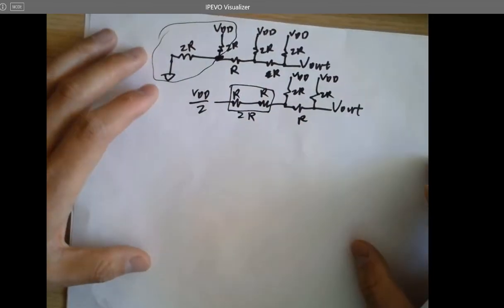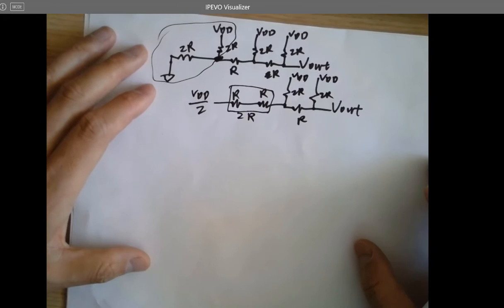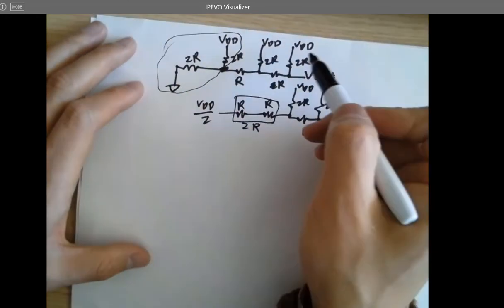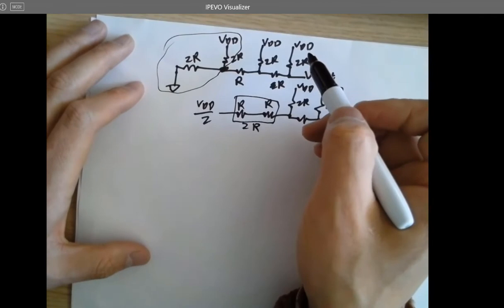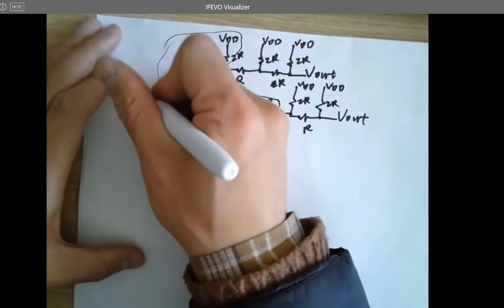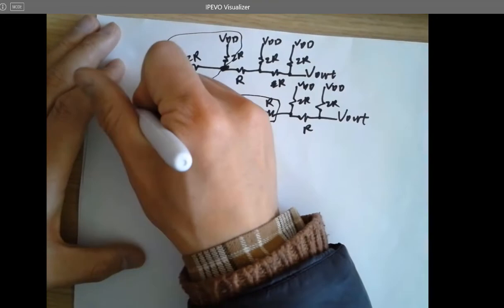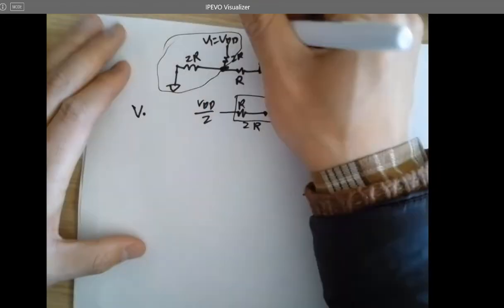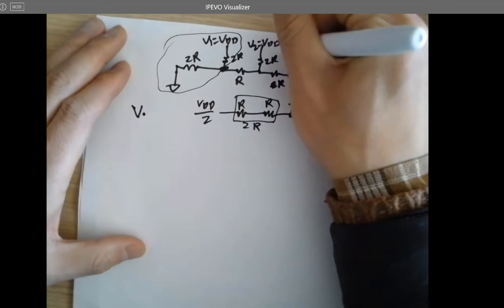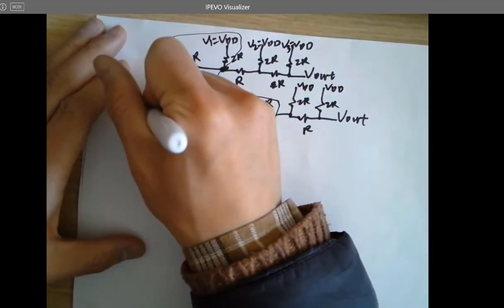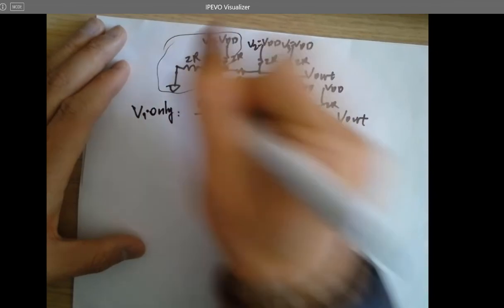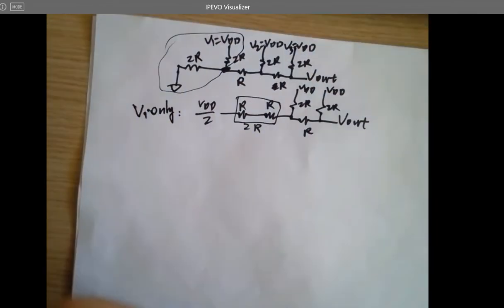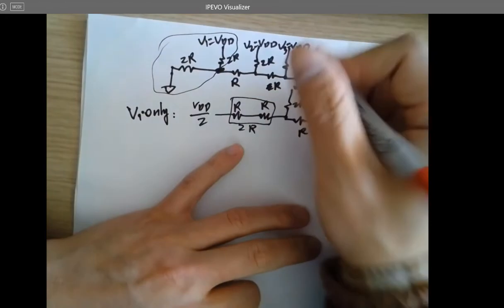So do it again. When we are doing a superposition, because you have multiple sources, right? You have to do it one by one. So when we are doing this, V1 equals this, V2 equals this, V3 equals this. V1 only, then we are having this, and these voltage sources will not exist anymore.